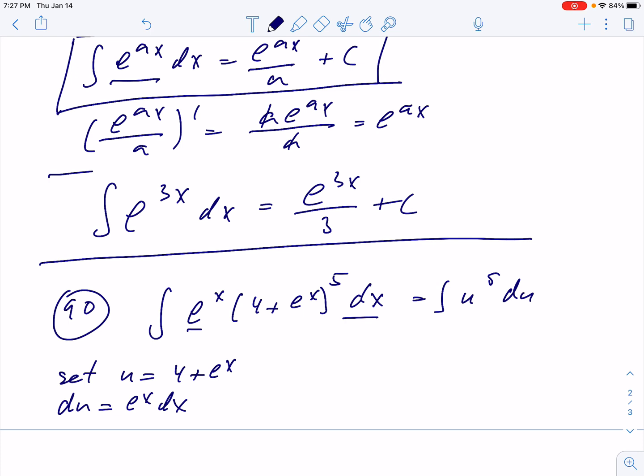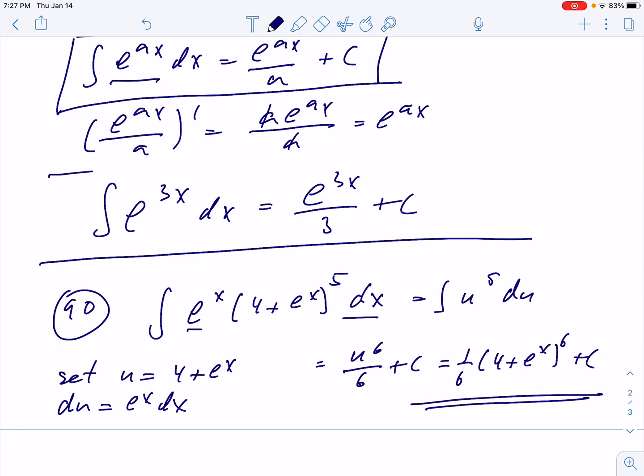Perfect. Using the power rule, this is u to the sixth power over 6 plus c. Returning to x now, let's write down 6 like that. What was u? 4 plus e^x, now to the sixth power, plus c. This is our general antiderivative.